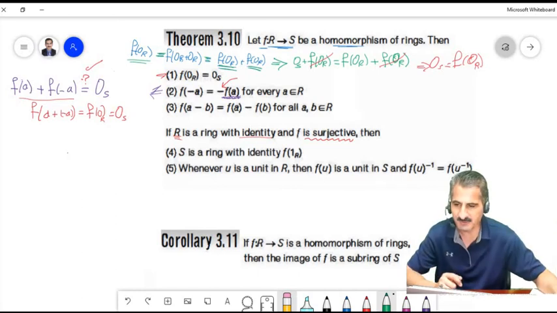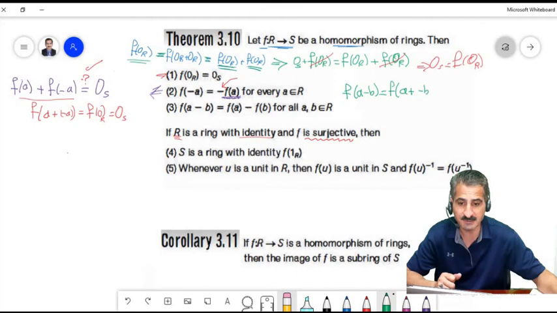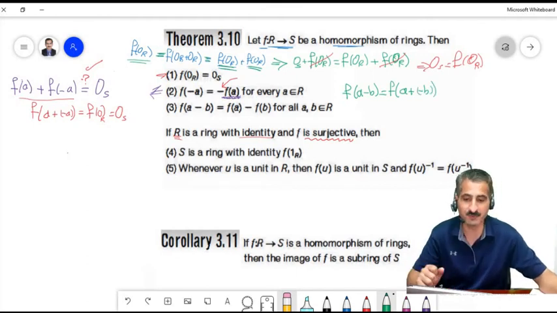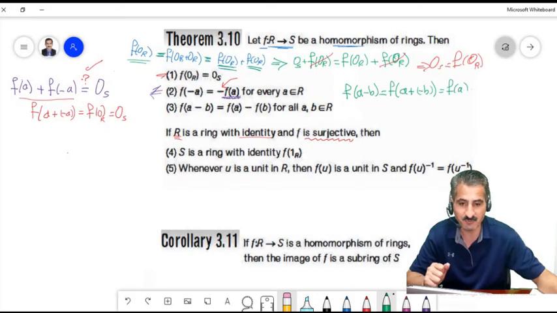In this space, we want to show that, okay, this is so direct, f of a minus b. We will replace a minus b by a plus the negative b, the additive inverse of b. Now we can distribute f over the addition because we have a homomorphism, right? f of a plus f of negative b.